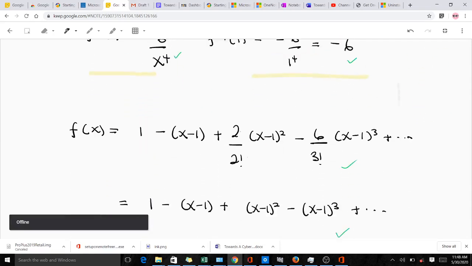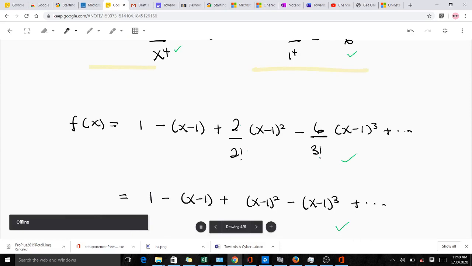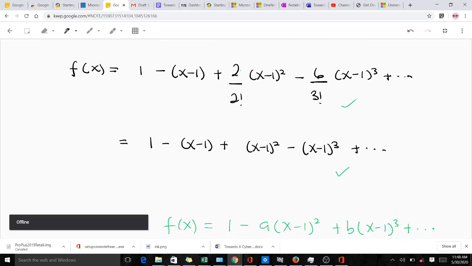So making that substitution, you are going to get f of x will be equal to 1 minus x minus 1, then plus 2 over 2 factorial times x minus 1 squared, then minus 6 over 3 factorial times x minus 1 cubed plus what we have there. So expanding this further or simplifying it further gives us what we can see here. And this happens to be the Taylor series for our question, truncated at the fourth term. I hope you get it.